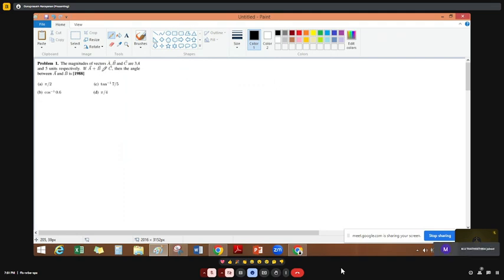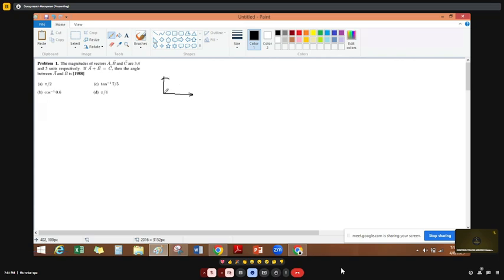The magnitudes of vectors A, B, C are 3, 4, 5 respectively. A plus B is equal to C. Then the angle between A and B has to be what? I think it's a straightforward question. So tell me what is the answer. What could be the answer? So A vector, B vector.